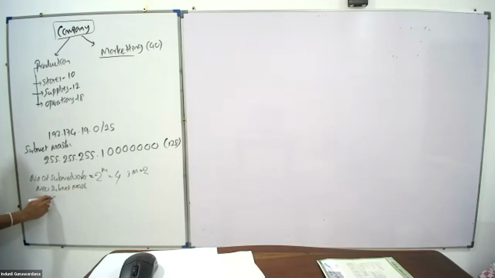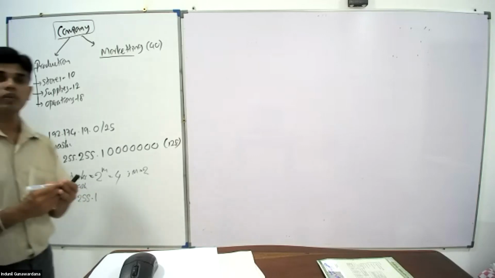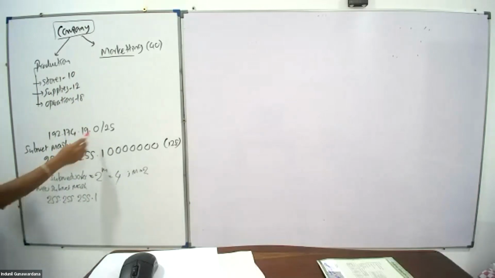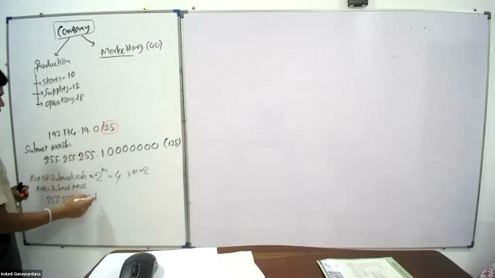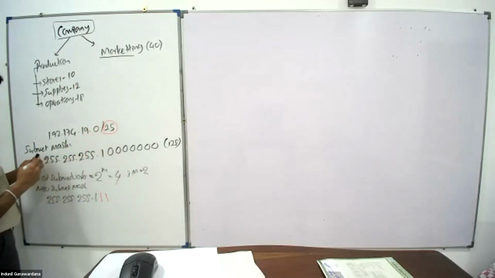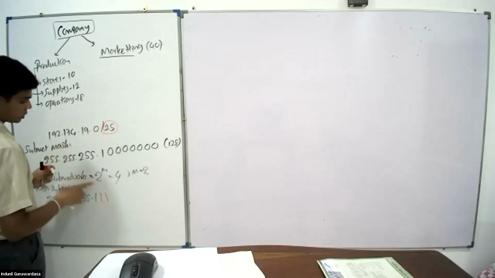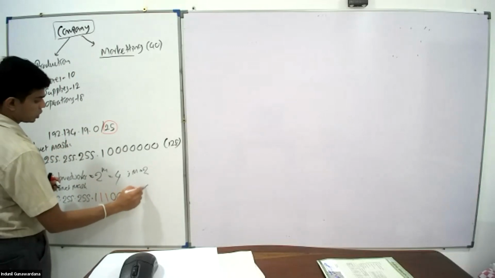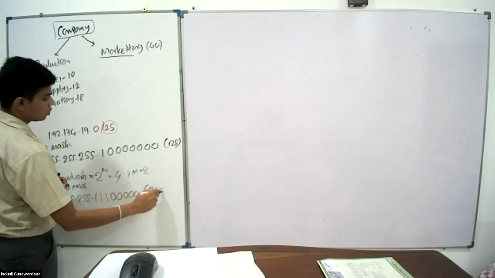It comes like 255.255.255, and then onwards we are going to have another 2 subnet bits. This is a given network with /25, then 1 and 2, and the others are going to be 0. There are 5 zeros. So in decimal it is going to be 240.